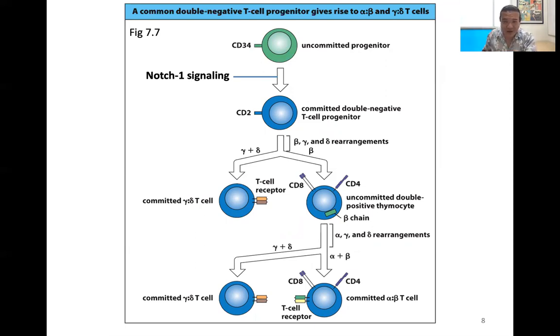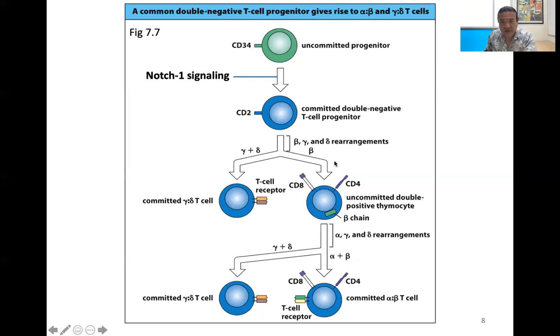Hey, you want to become a T cell, don't you? Right? Yeah, do something useful, become a T cell. So one of the important signaling events is this Notch1 signaling that convinces the uncommitted progenitor cell to become a thymocyte that starts doing the VDJ recombination, right? So it starts expressing all the proteins that make the oven mitt, and then the oven mitt starts going to work.